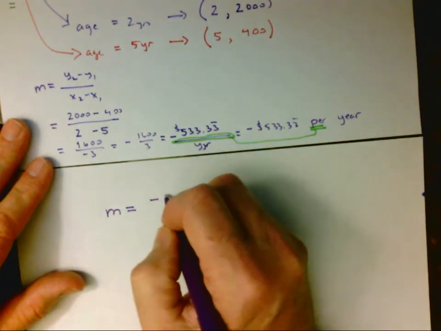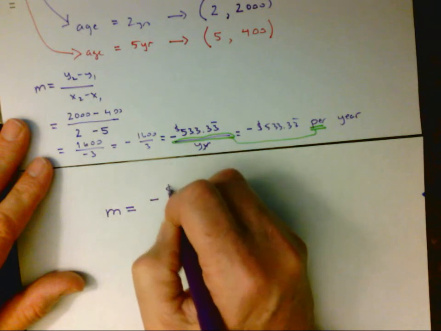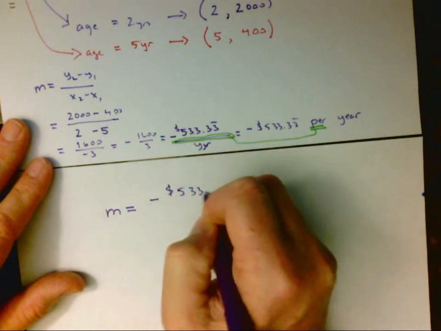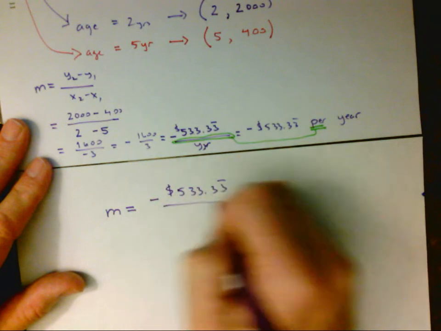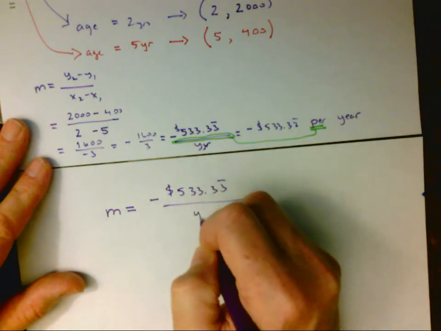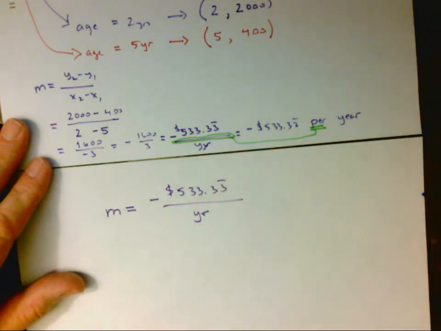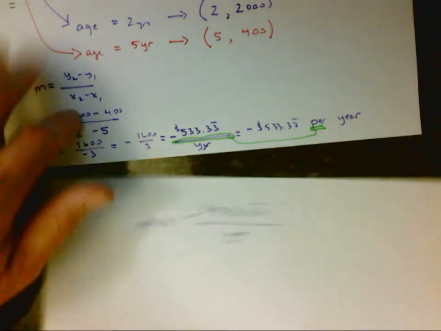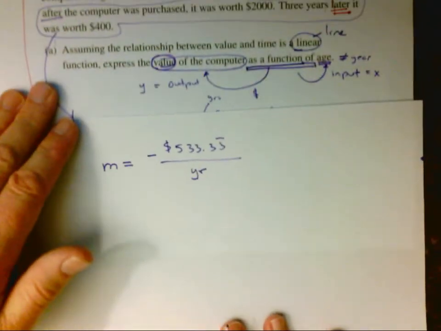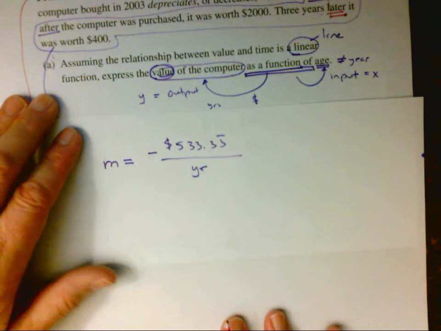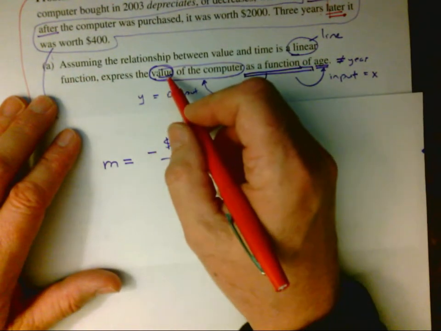If you have 533.33 repeating, the numbers are really not important here. Remember that for this problem, if we go up here and look, we see that the output is the value.